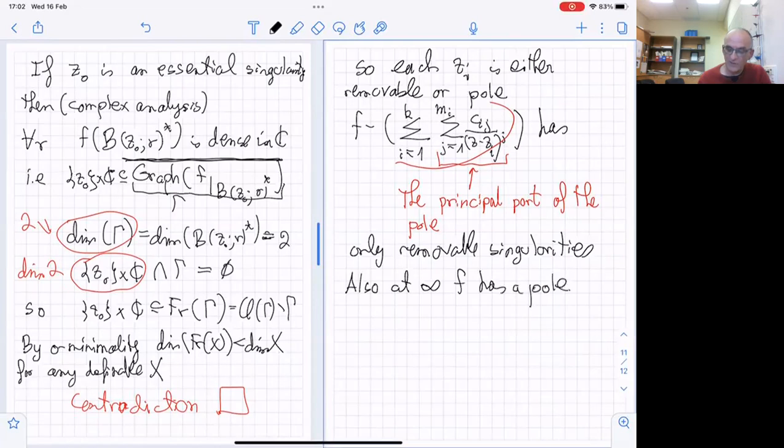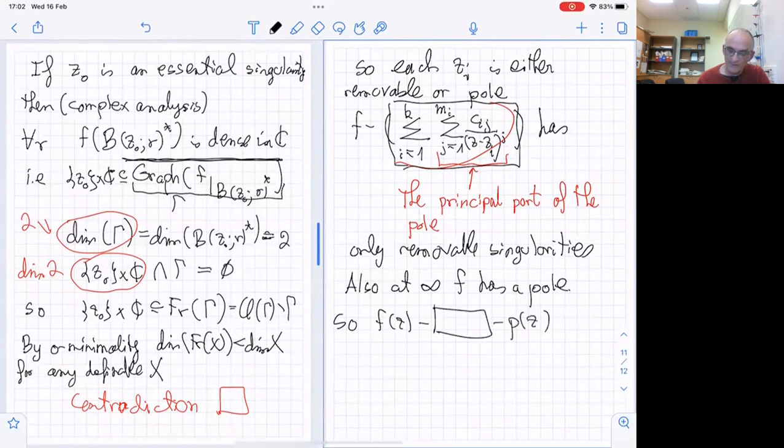Said differently, you can subtract some polynomial from f of z.